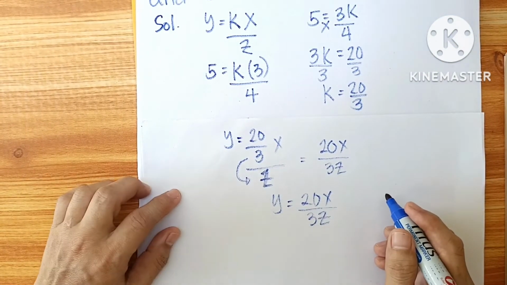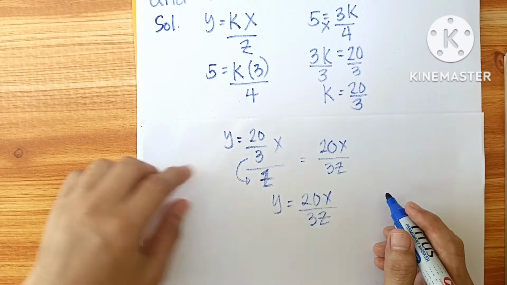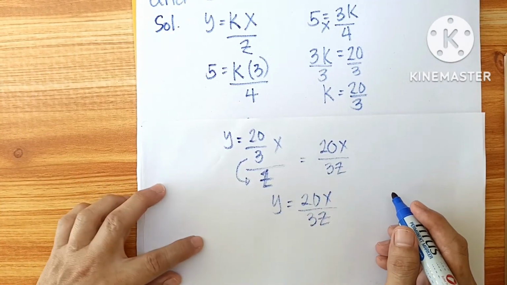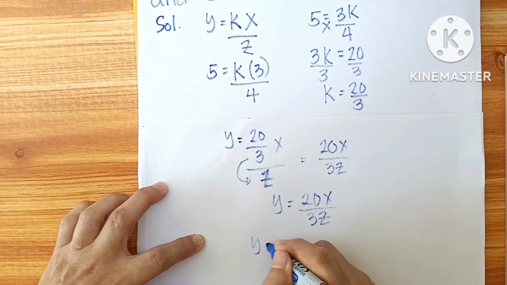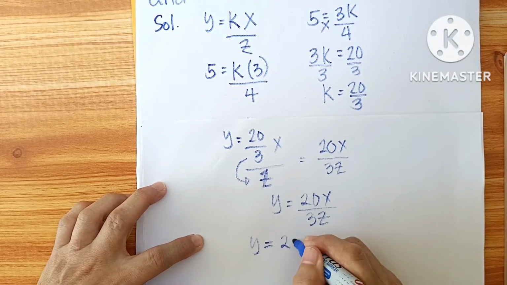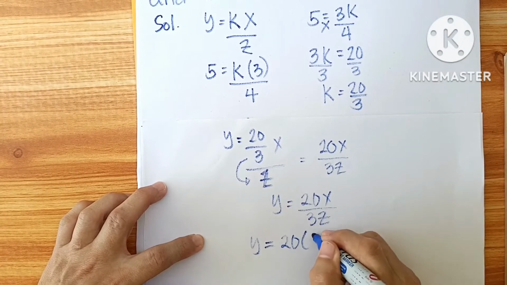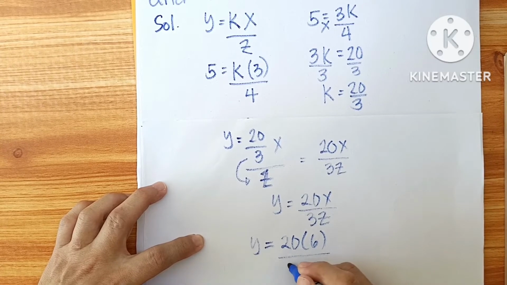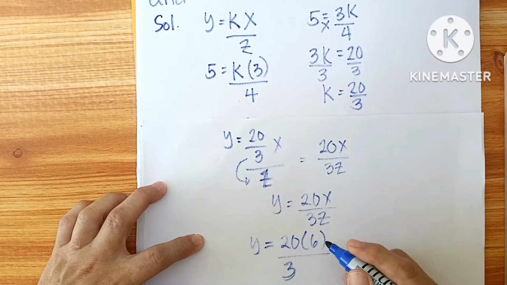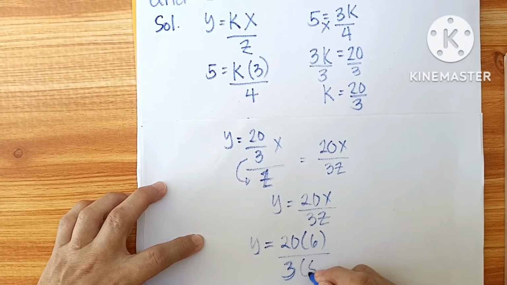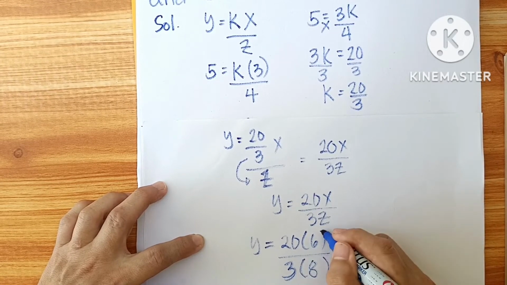Oh, let us now substitute x equals 6 and z equals 8 to solve for y, no? So, y now is equal to, kaya pa yan, 20 times 6 over 3 times 8. Di ba? Okay? O, nababasa pa naman, ano?